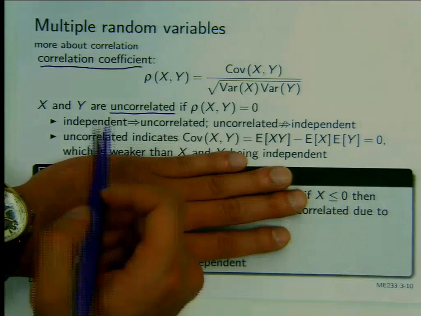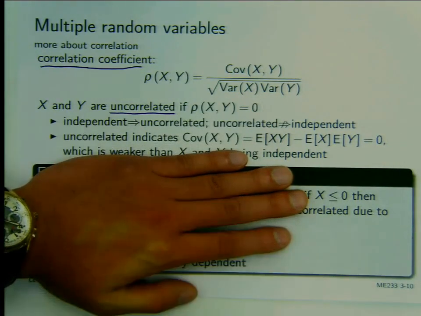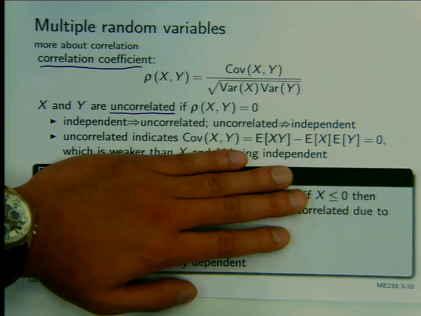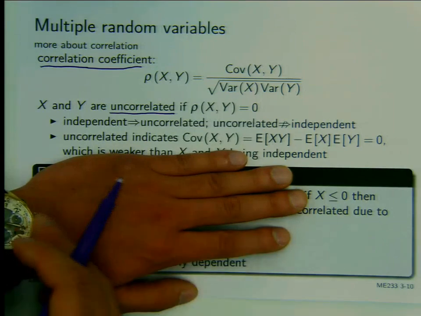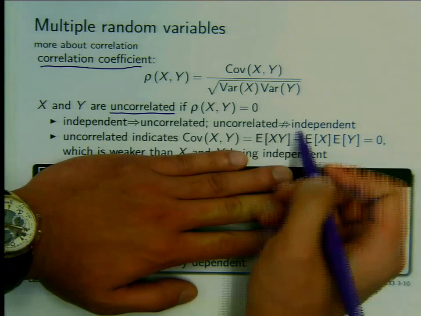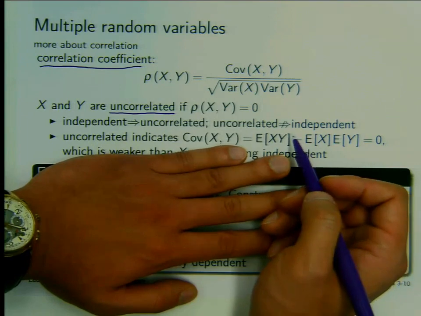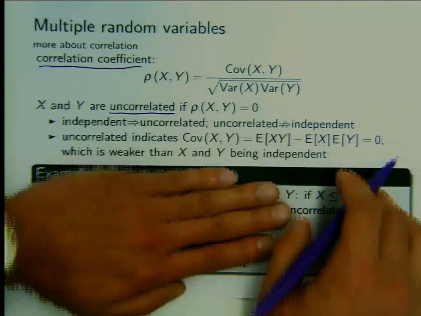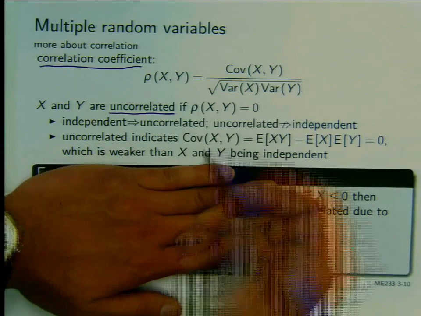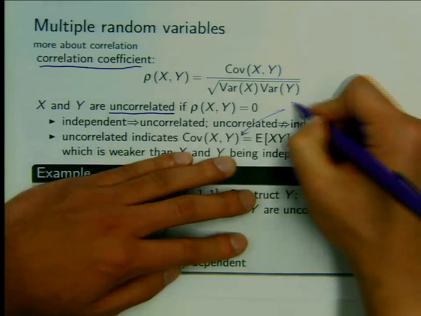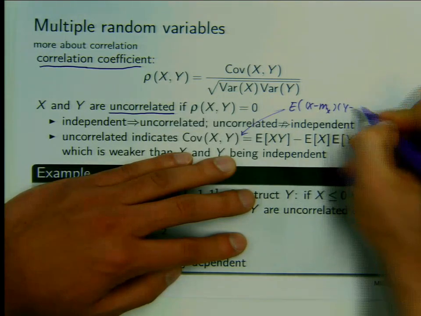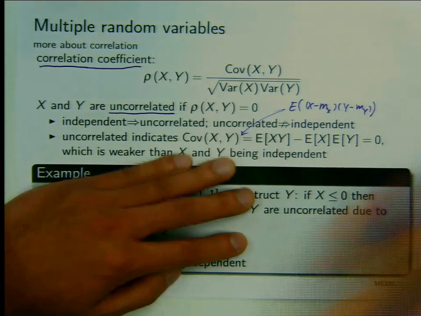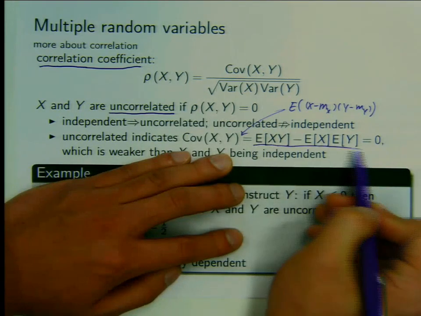As a remark, if two random variables are independent, they are uncorrelated. This is intuitive. If these two are happening in different worlds, then they are not correlated. But not correlated doesn't mean they are independent, just as a checkpoint. This is because of the following. The covariance, which is the expected value of x minus the mean of x, times y minus the mean of y, is this one we introduced here.